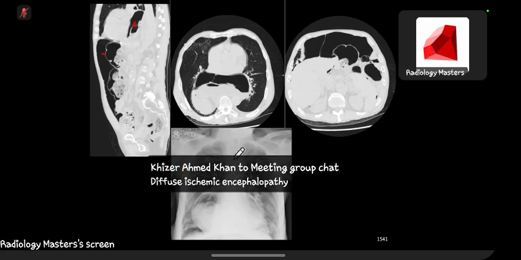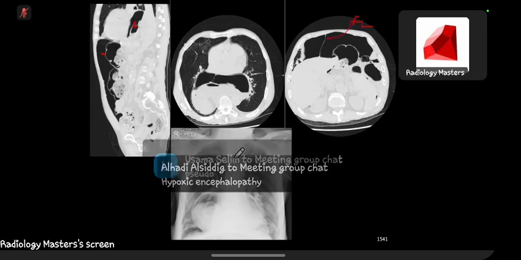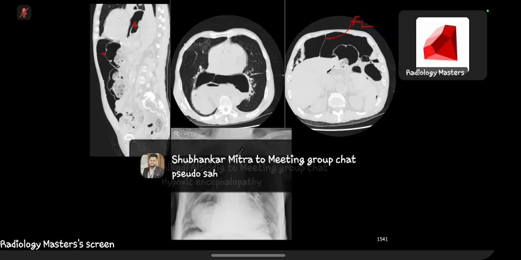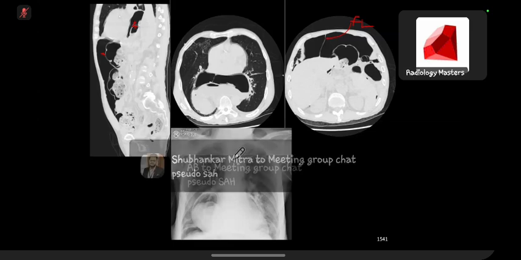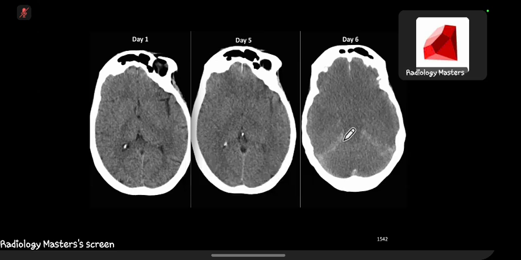And as the brain substance becomes of low density due to continuous anoxia, the subarachnoid-like signs start appearing. Now, it's not a subarachnoid hemorrhage, but it looks like one. But it's called the pseudo-subarachnoid sign, and that's called the pseudo-delta sign.